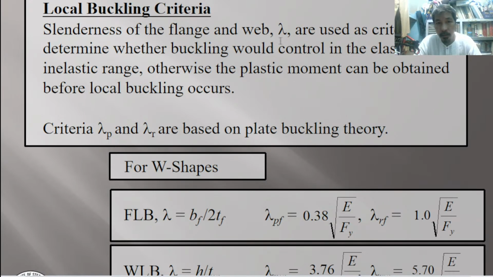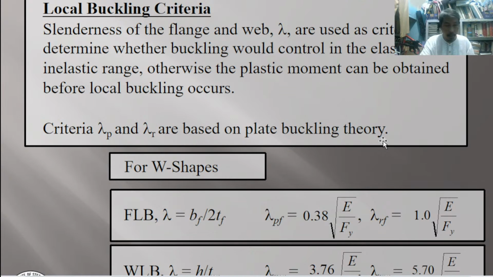Let us proceed. For this type of flexural strength, local buckling criteria: slenderness of the flange and web, lambda, are used as criteria to determine whether buckling would control in the elastic or inelastic range. Otherwise, the plastic moment can be attained before local buckling occurs. The criteria lambda P and lambda R are based on plate buckling theory.